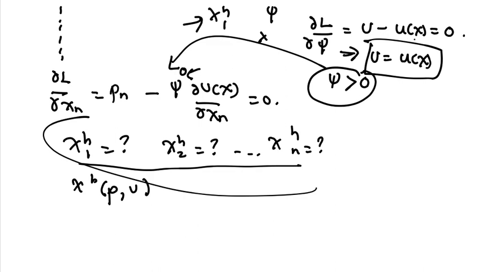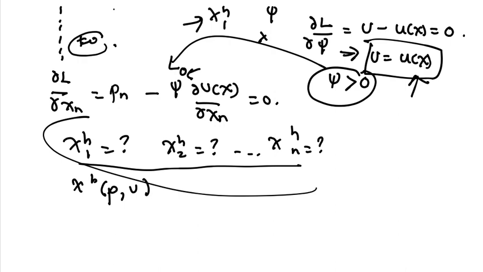Just imagine if this one is not positive, it is equal to 0, then this is not binding. When it is not binding, mathematically speaking, the first order condition that we are doing here is useless because you can never find the answer. So that's why we need this kind of condition.